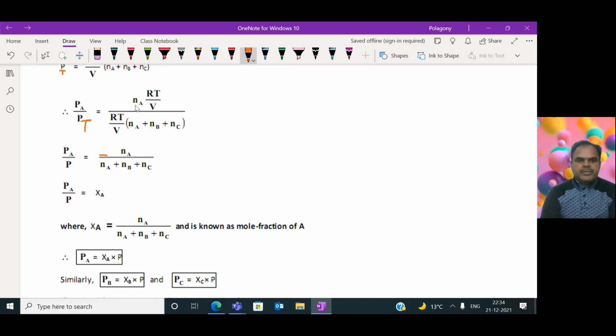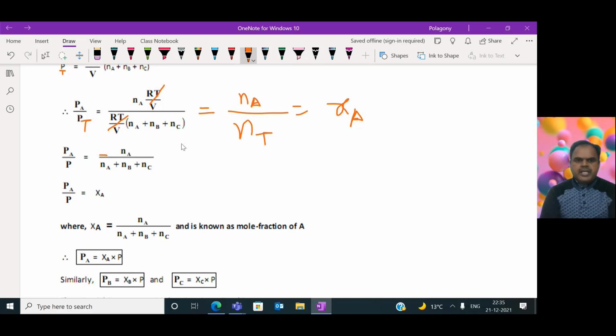So we take the number of moles of the A component times RT upon V, divided by the total number of moles of the mixture times RT upon V. RT upon V cancels, and we get Na upon N, the number of moles of the A component over the total number of moles, where N is the sum of the moles of A, B, C. That means this is the total moles of the mixture, and this is only the moles of the A component. The ratio of the number of moles of the A component to the total moles of the mixture is what we already know as the mole fraction of A.